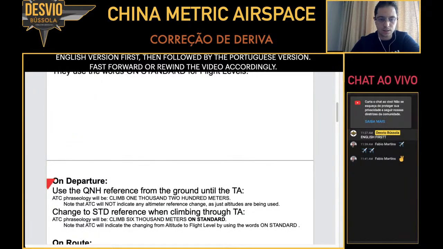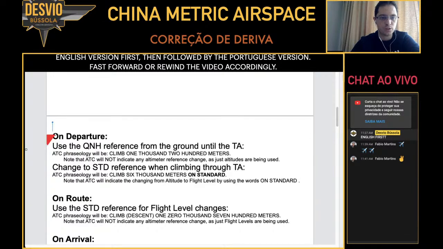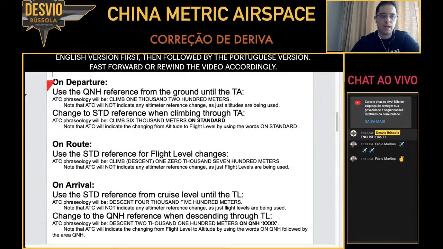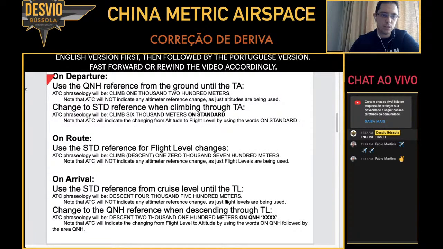Okay, let's start on departure. On departure, as in any place, you use the QNH reference from the ground until the transition altitude. The ATC phraseology will be "climb 1,200 meters."